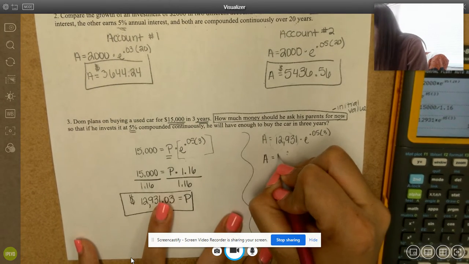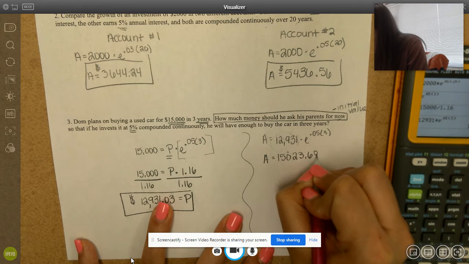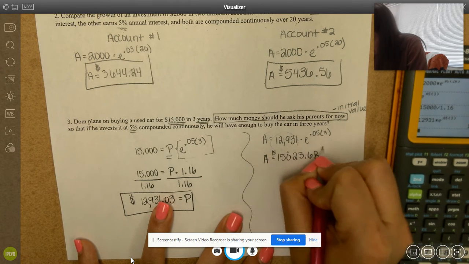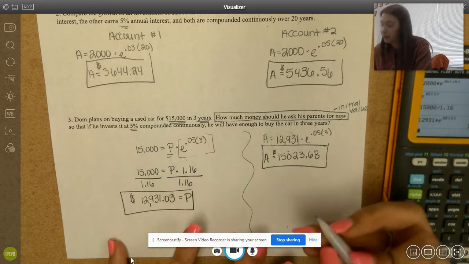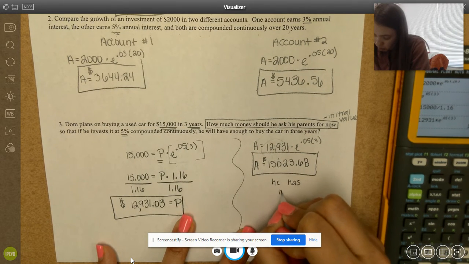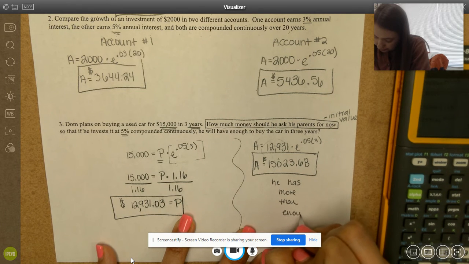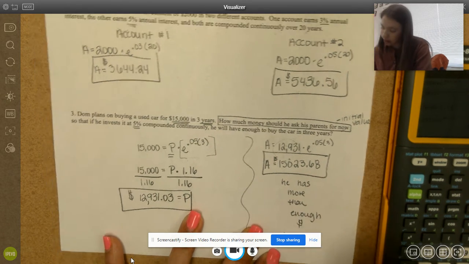But for today, this was just a little something to get our feet wet, to feel prepared for what's to come. So by us working backwards, for example problem number 3, he has more than enough money. So we're all good to go.